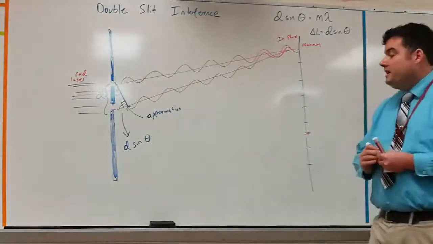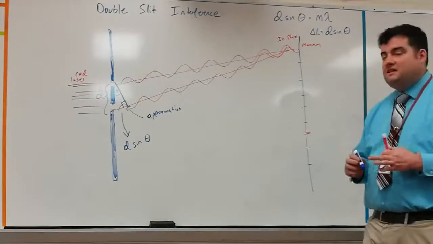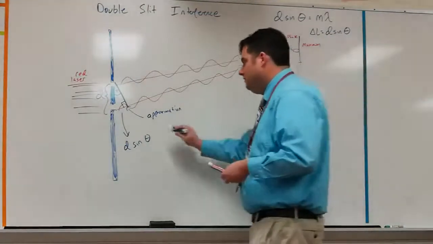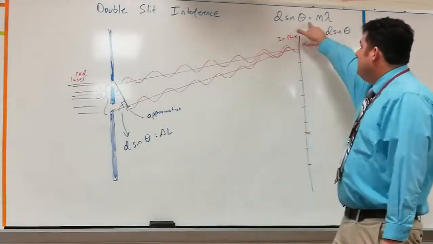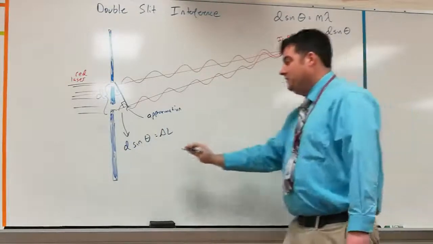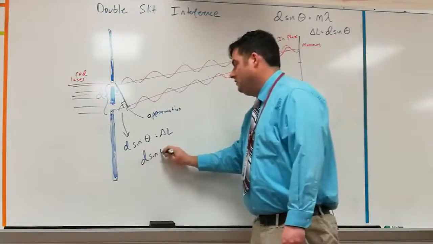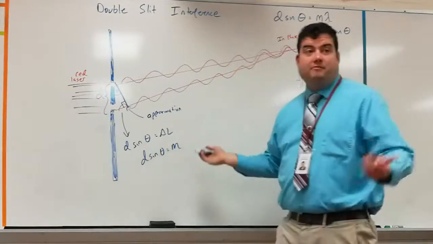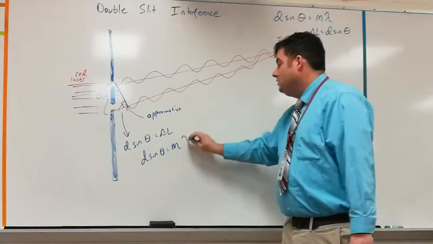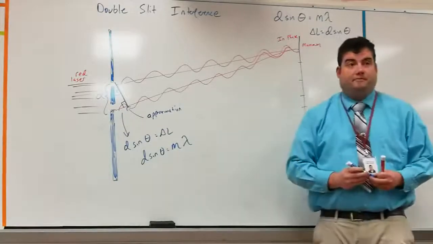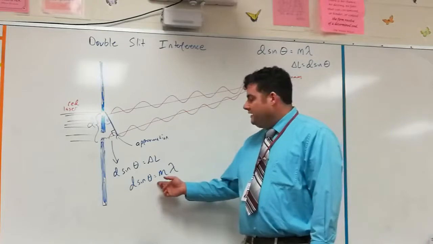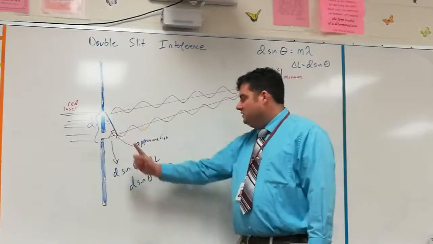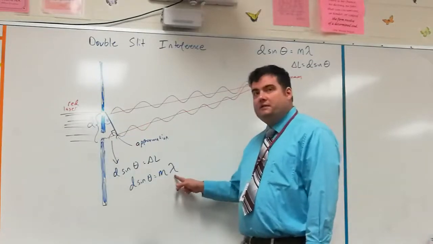So that's where we get the idea that d sine theta, the path length difference, has to be equal to an integral number of wavelengths. So some number m, I don't know which it is, times the wavelength of light. So this directly relates the distance in the slits to the wavelength.